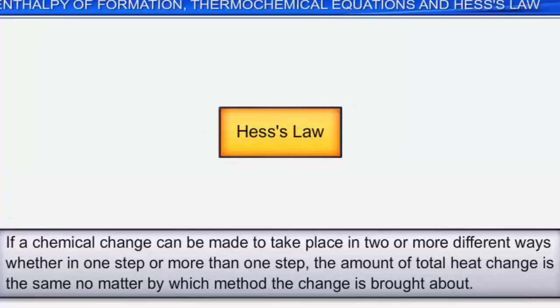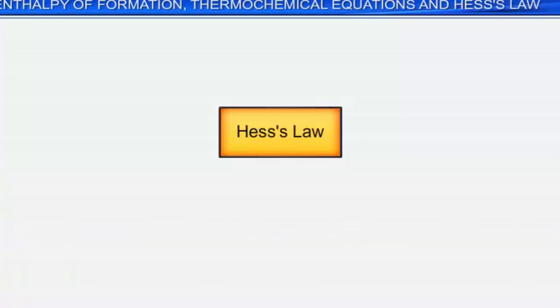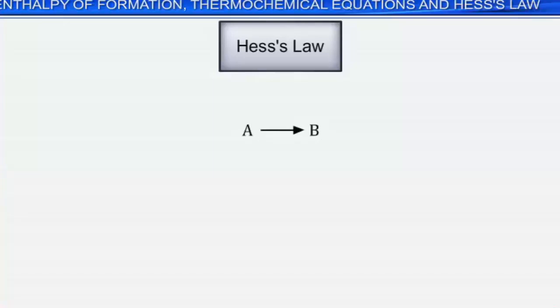Hess's law states that if a chemical change can be made to take place in 2 or more different ways, whether in one step or more than one step, the amount of total heat change is the same no matter by which method the change is brought about. For example, the enthalpy of an overall reaction A gives rise to B along one route is ΔrH.